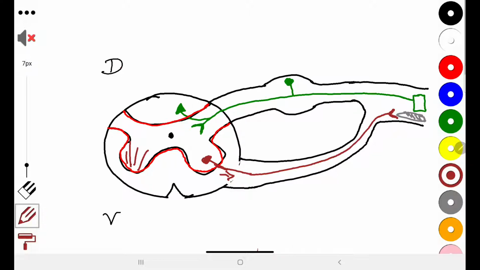Then we also have some other components here, the central canal. Right at the center, we have the central canal right here. Let me paint it something else. So we have the central canal, and then we also have the lateral horns, and we will talk about them as we go.